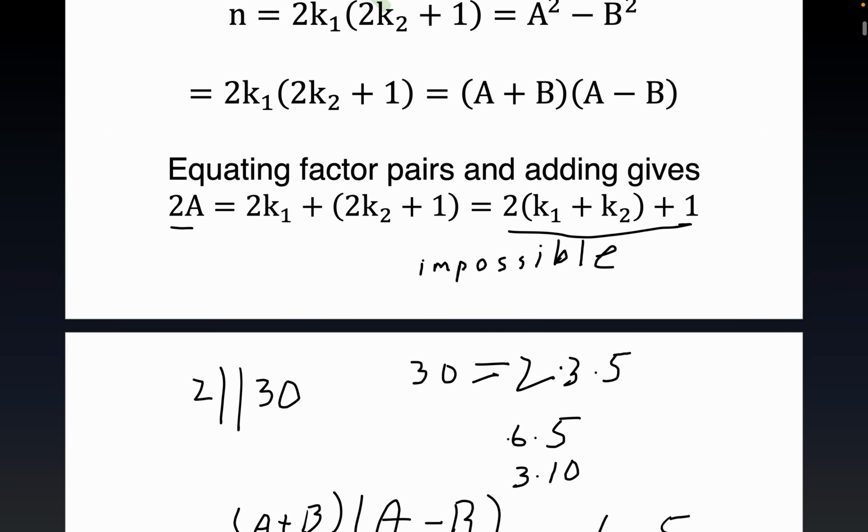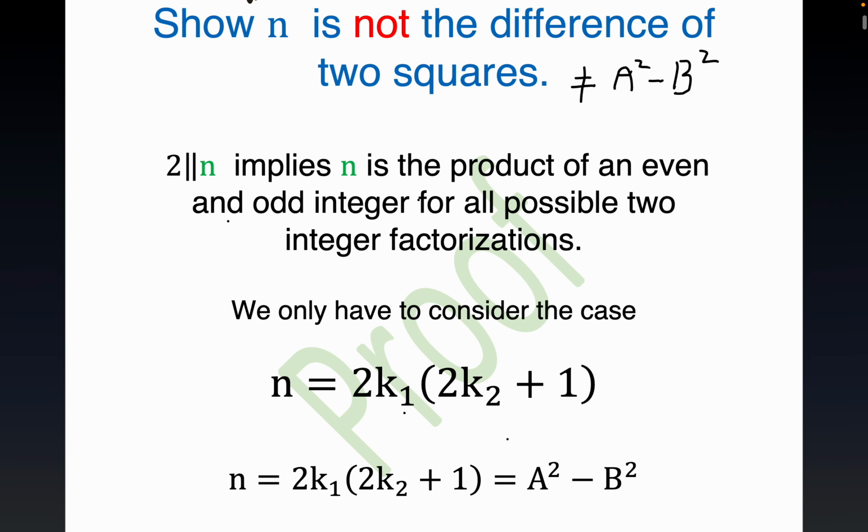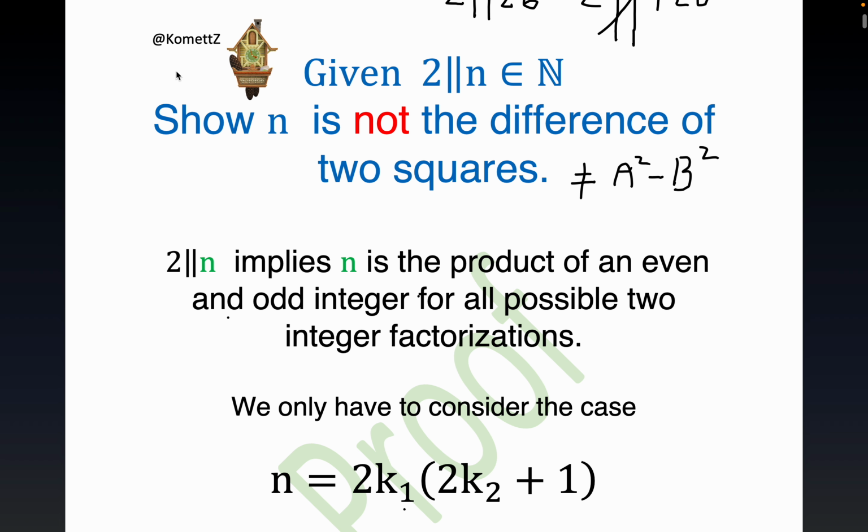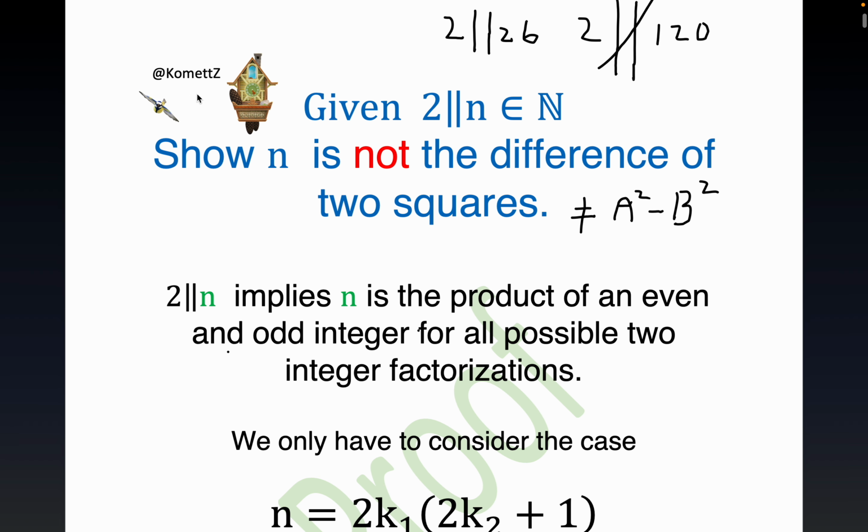So it's kind of cool. I like this quite a bit. And by the way, this gentleman here, Comet Z, I guess, is the one I tried to prove this under the premise. I did it by working from this form here, congruent to 2 modulo 4.